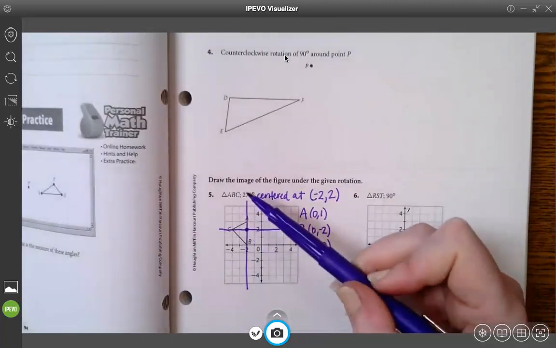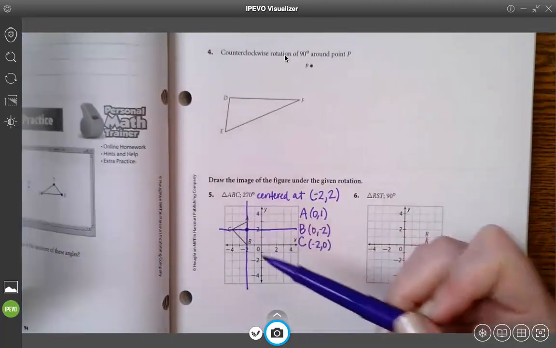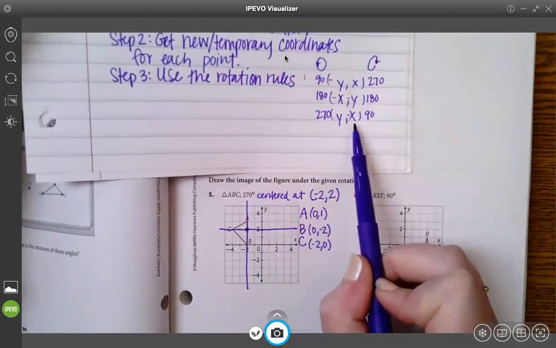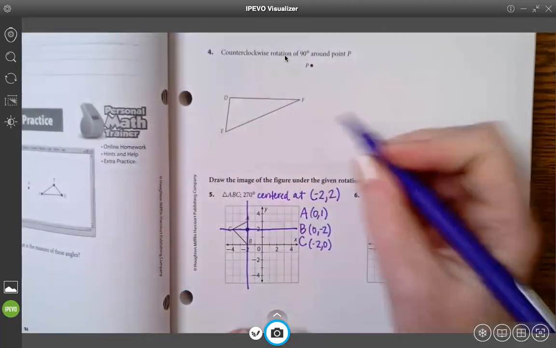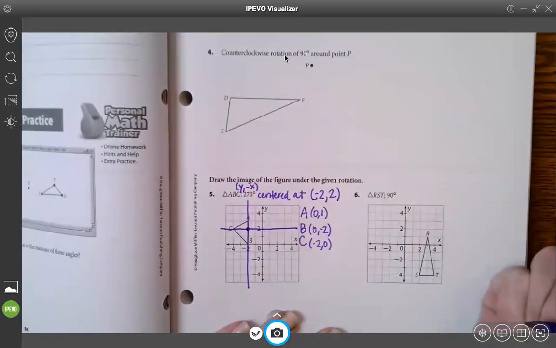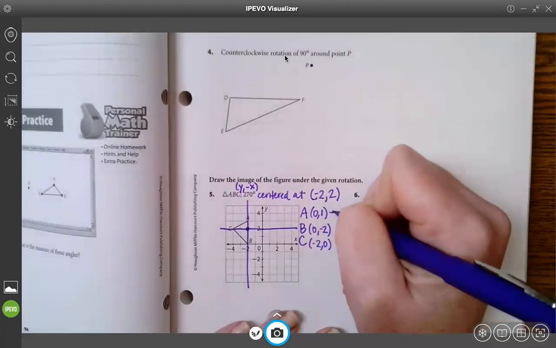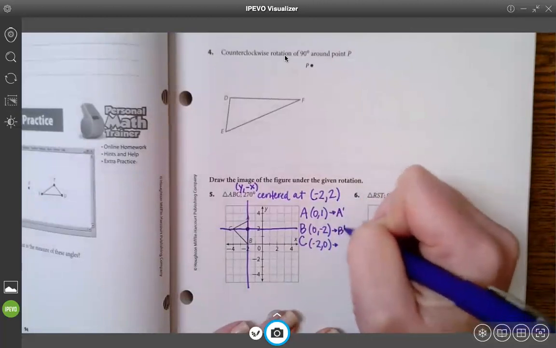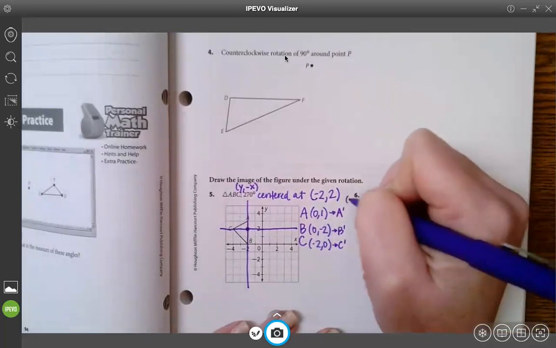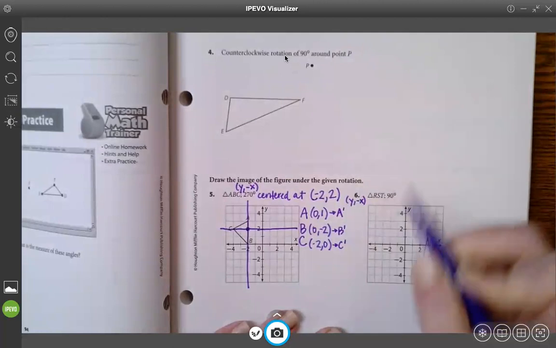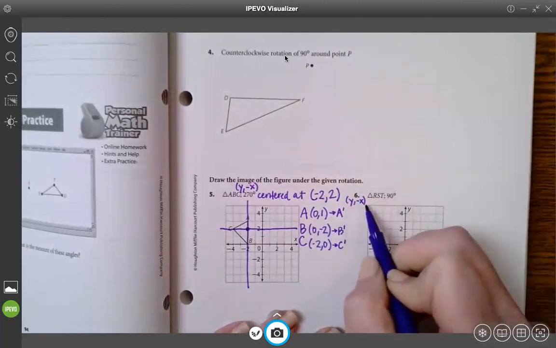So if I am rotating 270 degrees, that's going to be y, -x. So y, -x is my rule, and that's what I'm going to put over here. So for A prime and B prime and C prime, I want to do y, -x. So that says switch the order, and the new back number becomes negative.